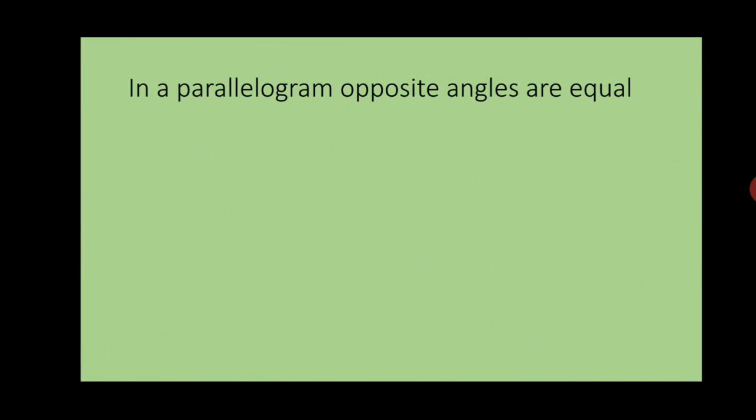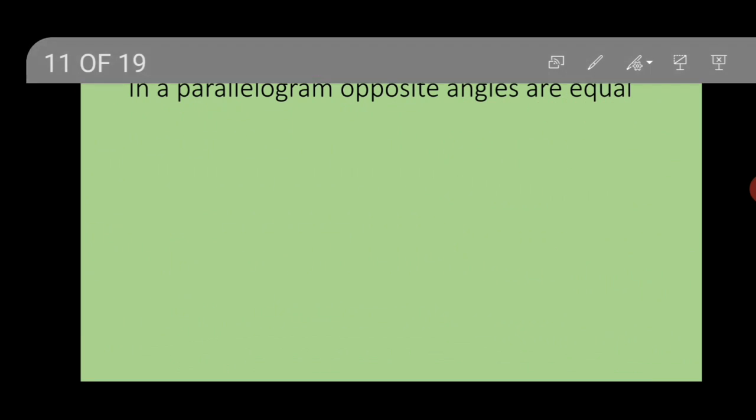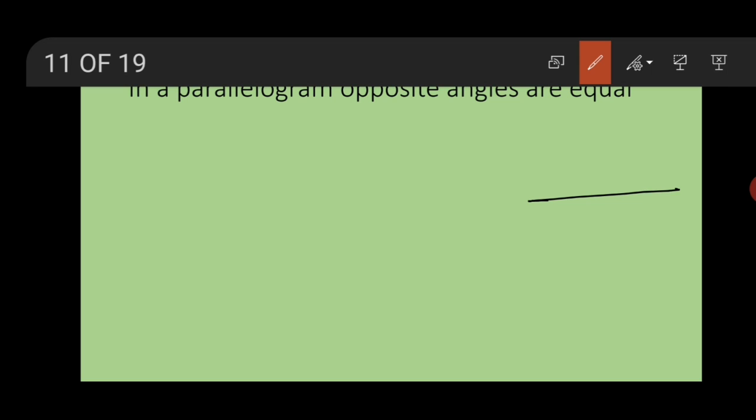Next, let us see one more property of parallelogram. In a parallelogram, opposite angles are equal. Right? This is one parallelogram. Take it as ABCD or PQRS. PQRS is a parallelogram. Here, opposite angles are always equal. That means what?